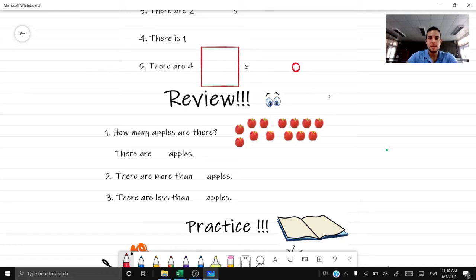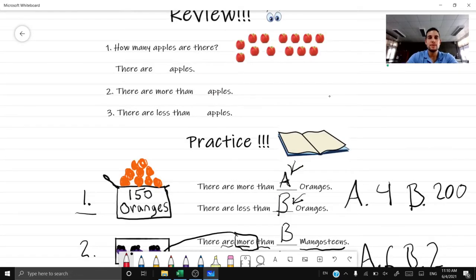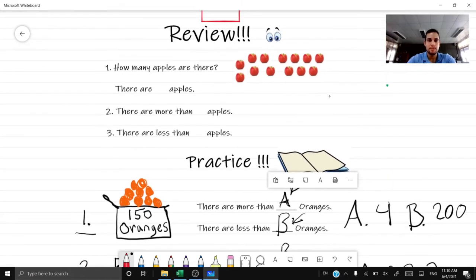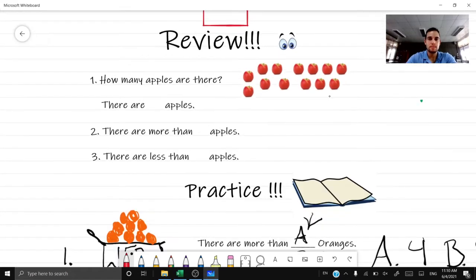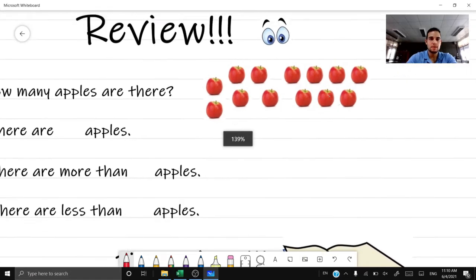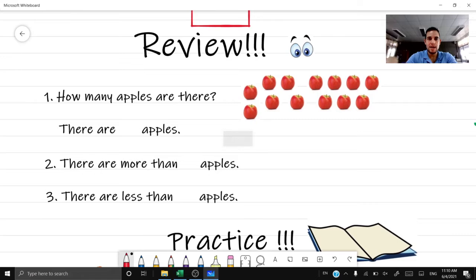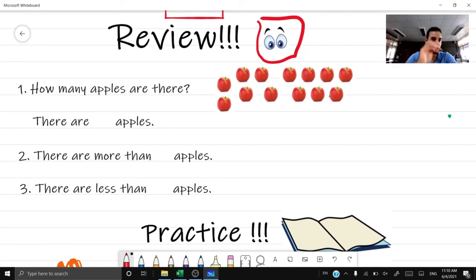Now let's take a look at our review for how many apples are there. If you see the eyes, that means we are looking and listening. Now, number 1 says, how many apples are there? Everyone repeat after me. 1, 2, 3.